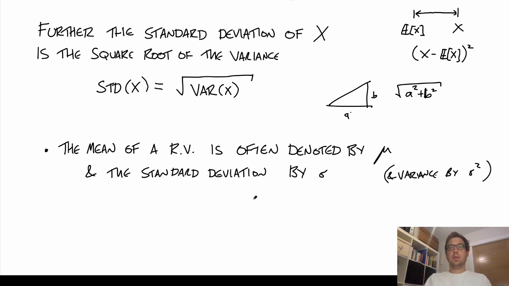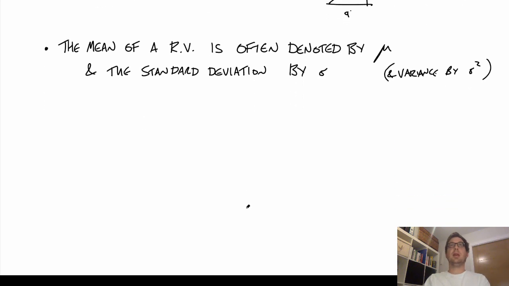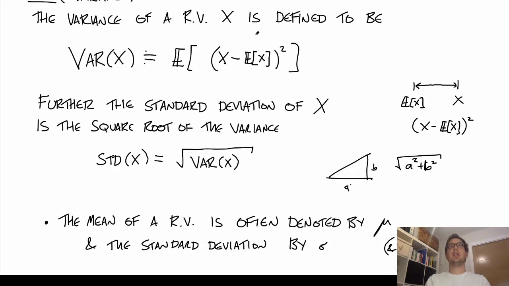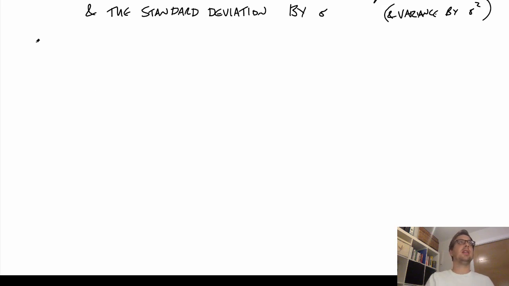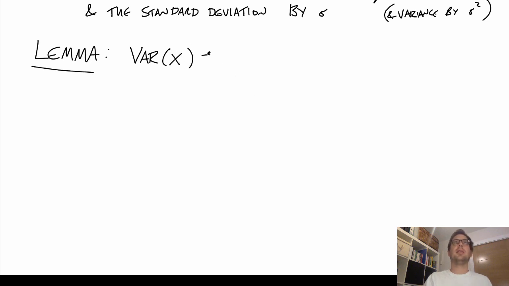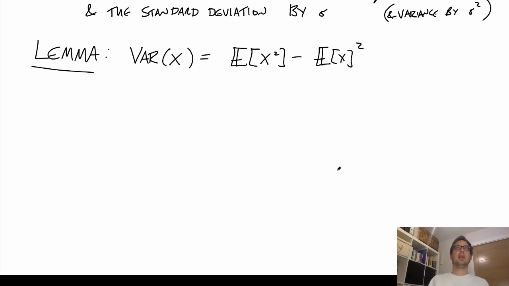Here is a useful way of representing the variance. Rather than writing it as the expected square of these different distances, we can write it slightly differently. Many of you have seen this already: the variance of x can be written as the expected value of x squared minus the square of the expectation. We can prove that, it's not too difficult.